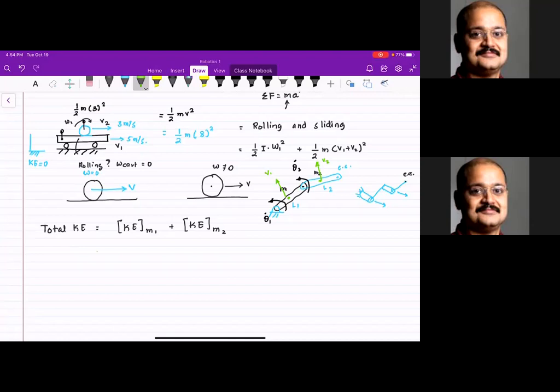So can I say that kinetic energy of mass M1 is 1/2 M1 V1 square plus kinetic energy of mass M2 is 1/2 M2 V2 square. This is super important, okay?